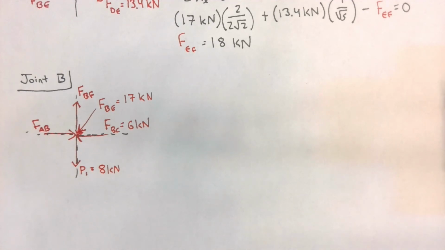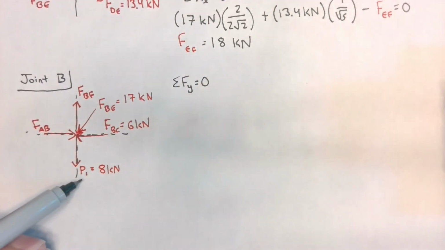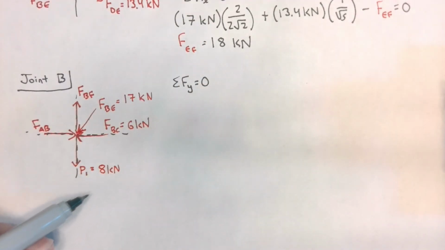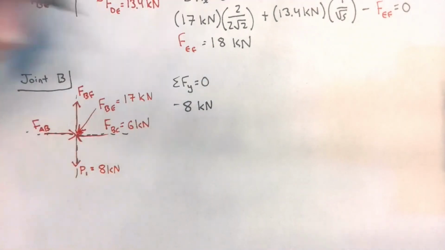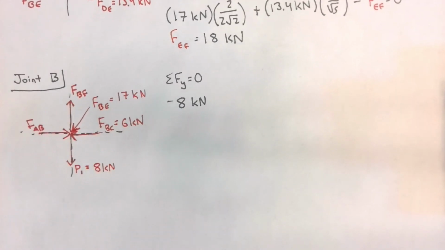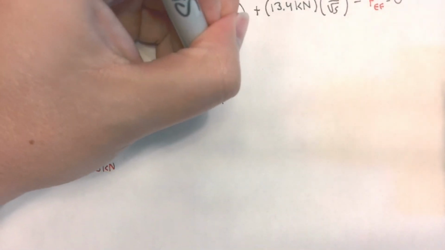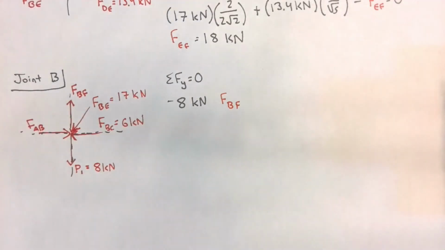So should we start with x or y? The y. Alright, sum of forces in the y direction equals 0. We have this P1 force, which is in the negative y direction, so negative 8 kilonewtons. We have this unknown force BF in the positive y direction.